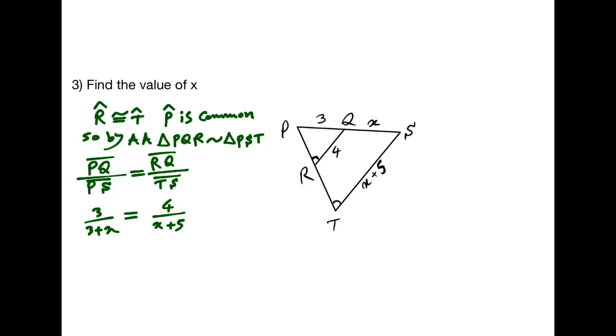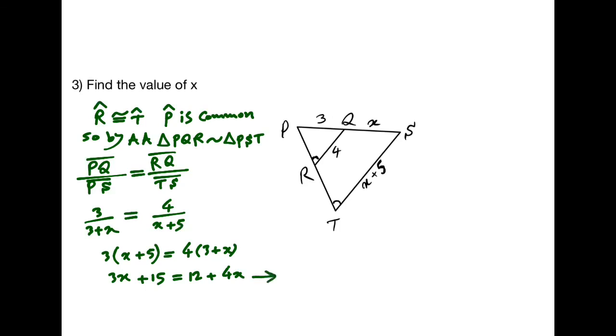Again, we got a rational equation, so we need to cross product here. 3 times x plus 5 must be equal to 4 times 3 plus x. Now let's distribute the numbers. 3x plus 15 equals 12 plus 4x.